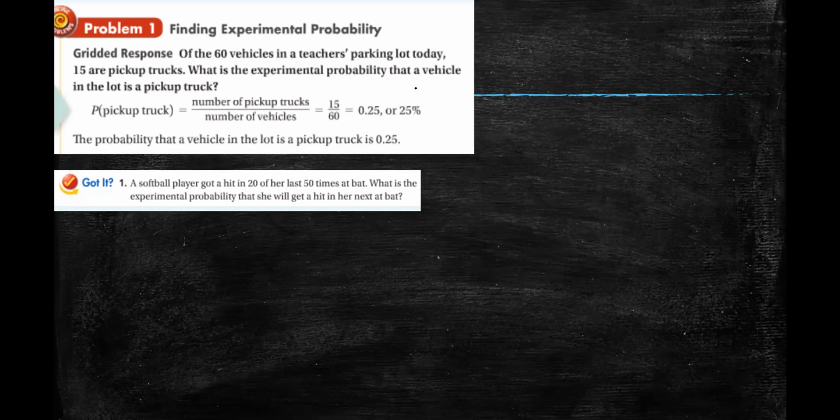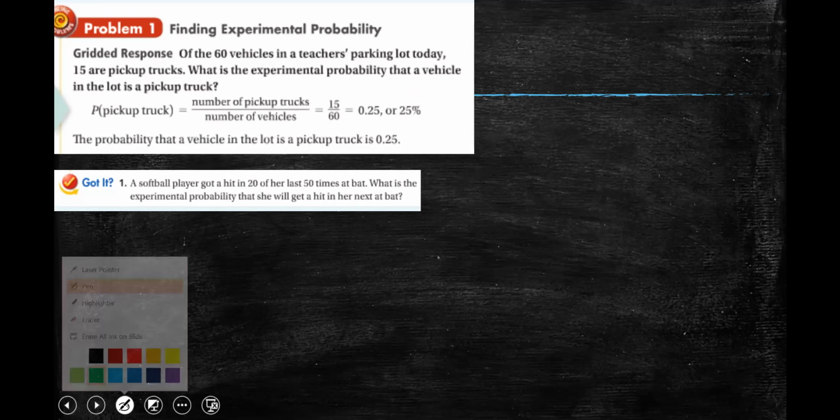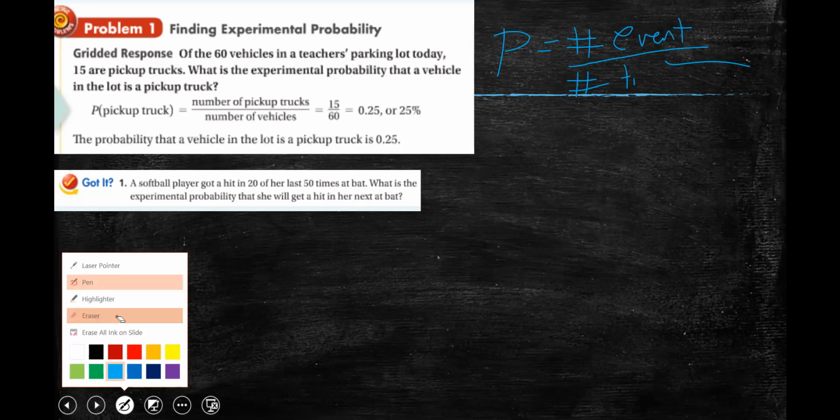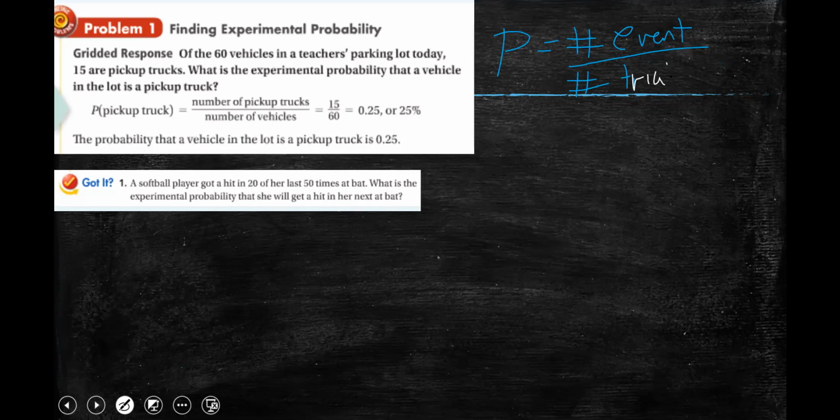Now, as I told you before, the probability is the number of events over the number of trials.